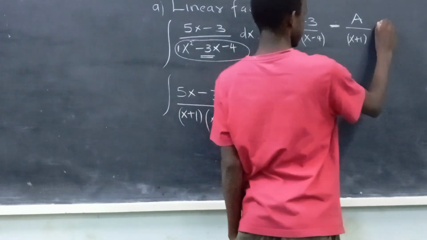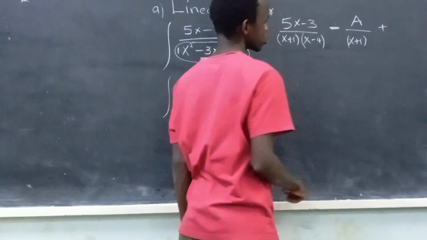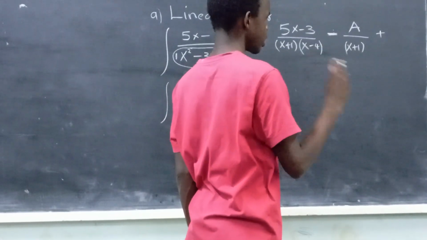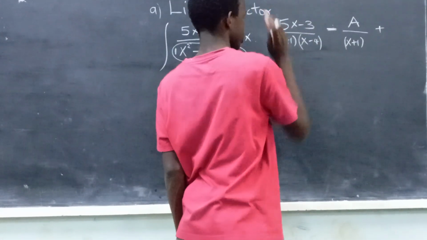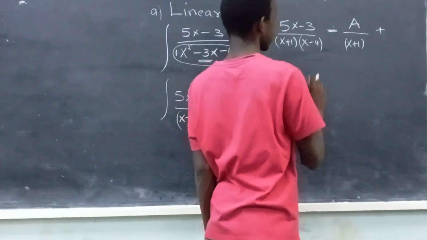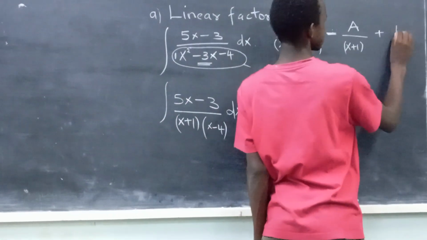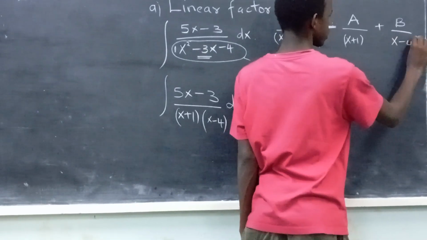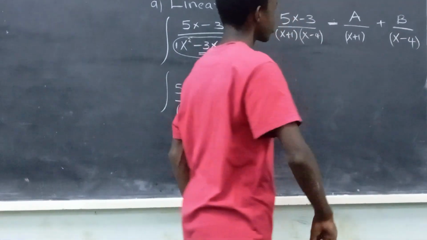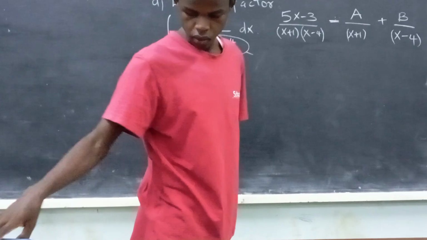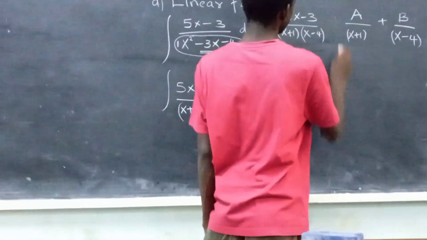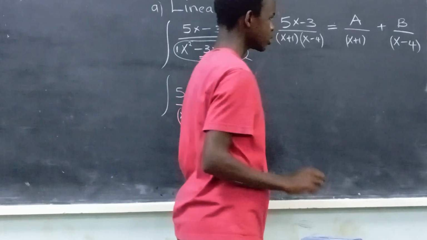Then we'll add partial fraction. We are trying to add 2 different partial fractions to make this whole fraction, right? So again, we'll say b divided by x minus 4, okay? So from there, we'll try to find the values of a and b.